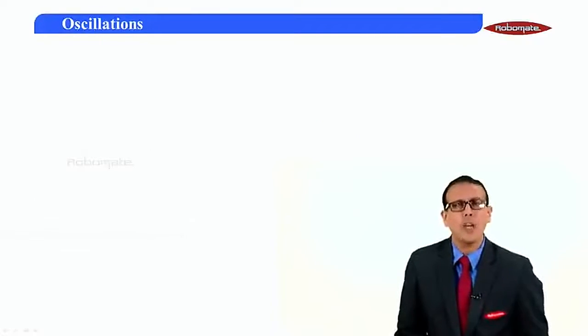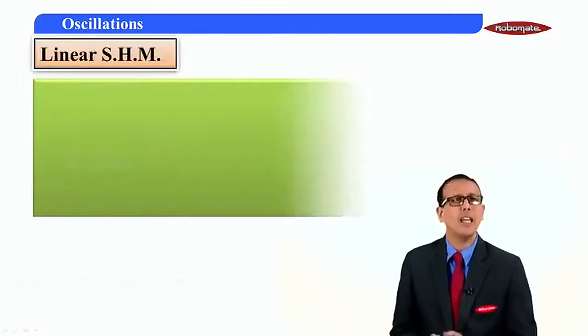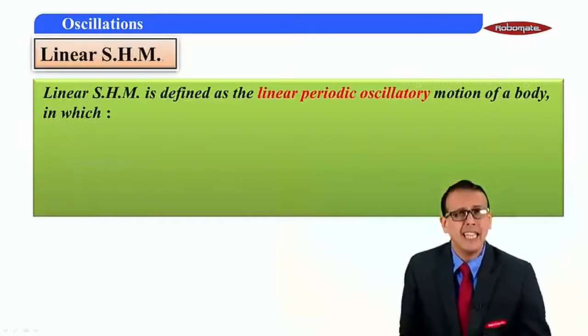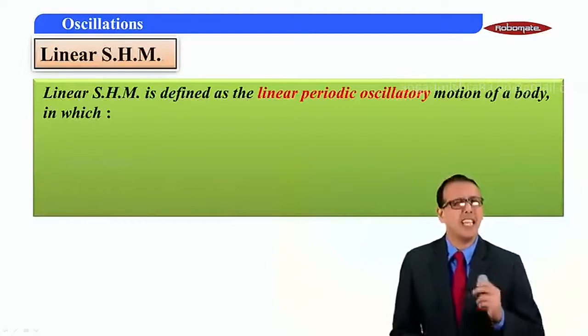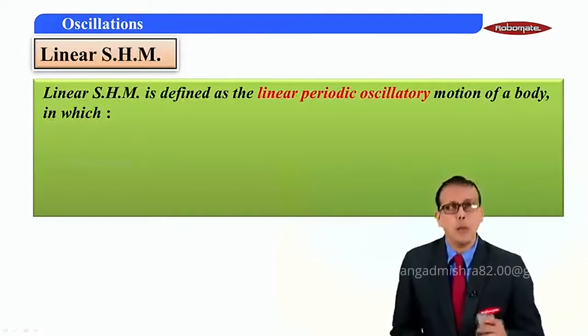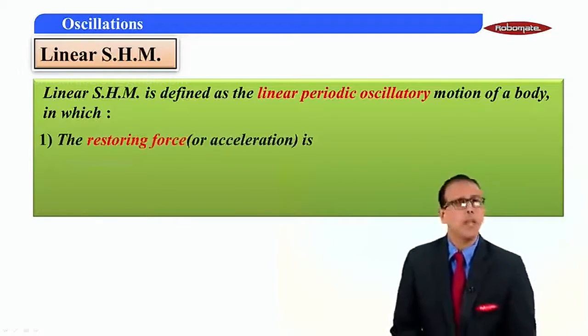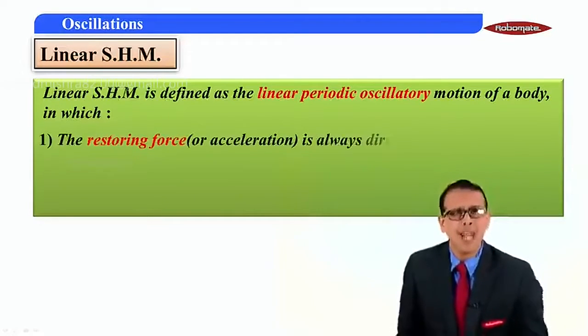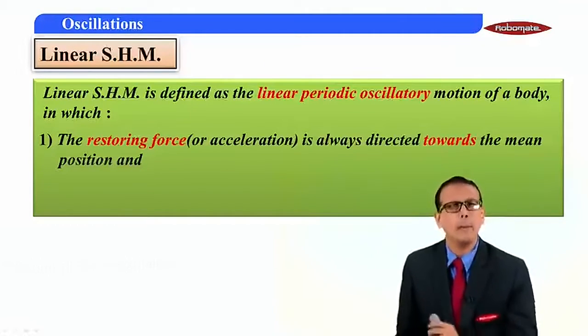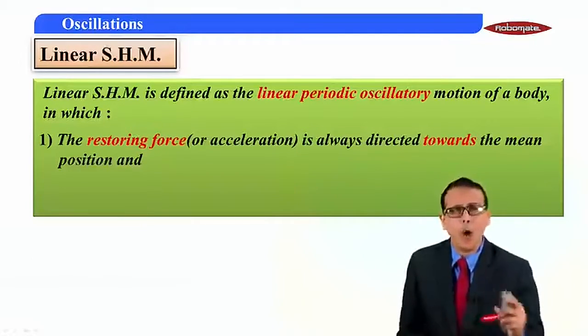So, let's start with the definition of linear SHM. How can we define linear SHM? Linear SHM is defined as the linear periodic oscillatory motion of a body in which, point number one, the restoring force or acceleration is always directed towards the mean position. Now, why "or acceleration"?